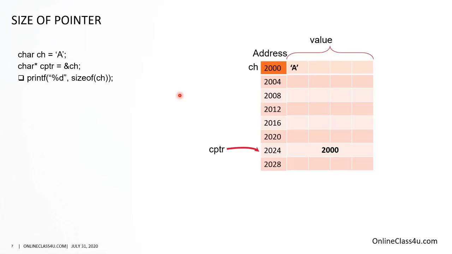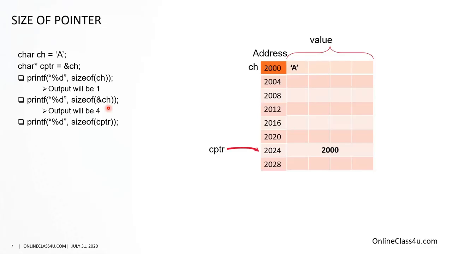So what will be sizeof(ch)? Everyone knows, it's 1 byte only. What will be sizeof(&ch)? &ch is 2000. This is a number, an integer. How much memory does this value occupy? It is 4 bytes, so the value will be 4.